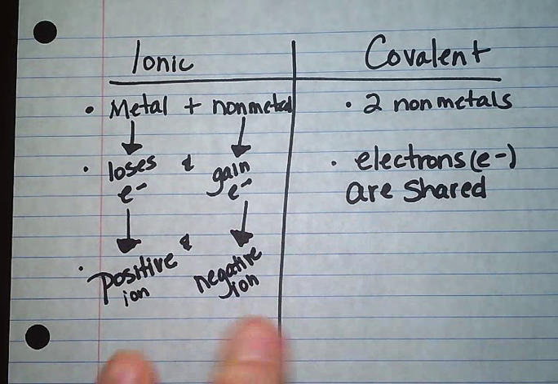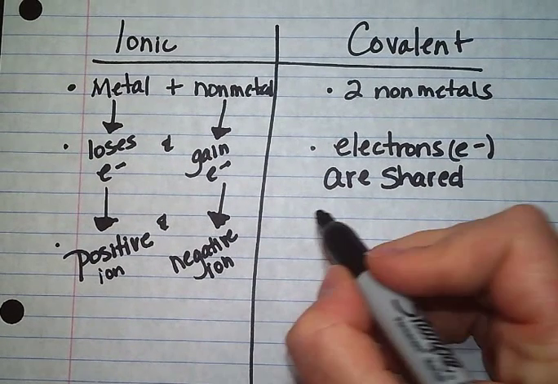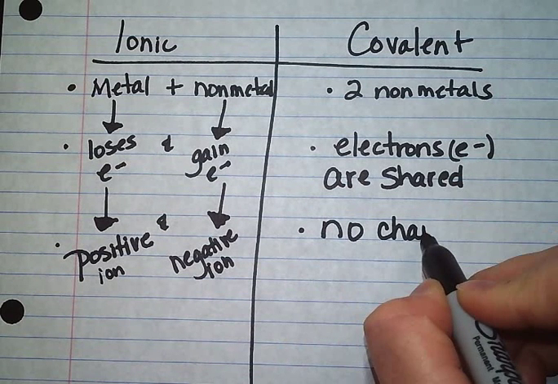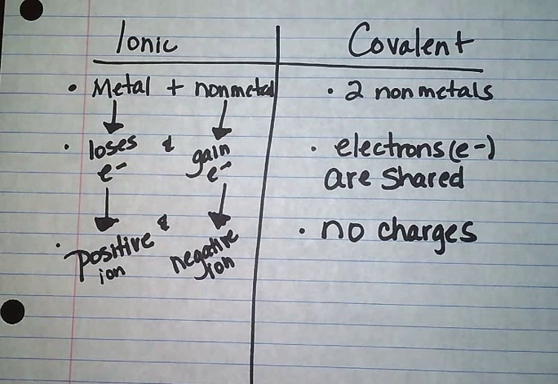And those two charges are going to attract each other and hold the bond together. Over here, these guys are sharing electrons, and there are no charges. Remember, the word ion from the beginning of the year means charged. Ionics have a charge, covalents do not.